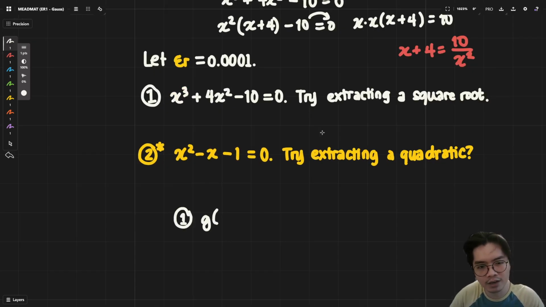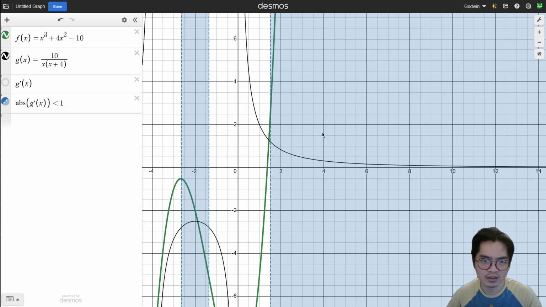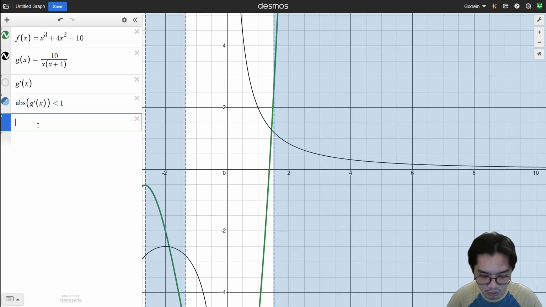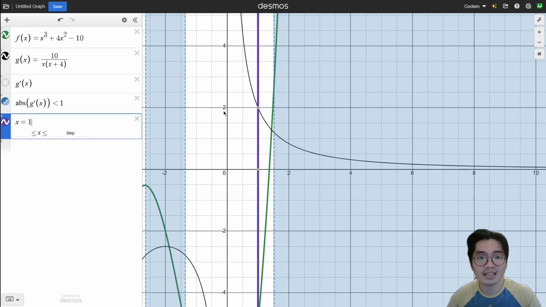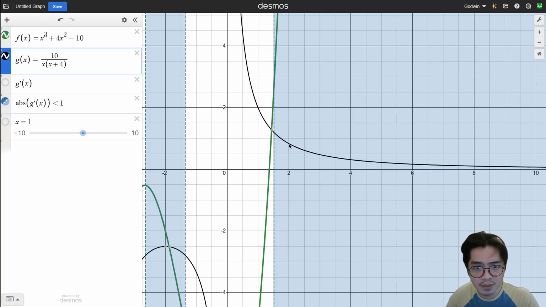If our g of x is going to be 10 over x times x plus 4, and we have x equals 1, that's going to be, okay, never mind. That's going to be a little bit of a problem because it will not converge, right? Notice that your x equals 1 is outside of the recommended range for your fixed point iteration. It's just going to diverge, right? So in this case, maybe we should try something bigger, maybe 2, right?